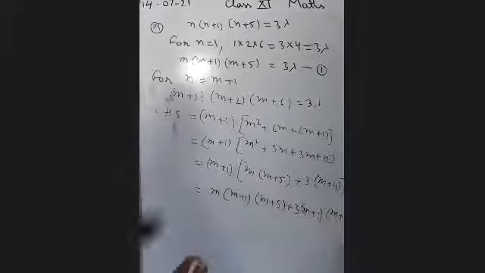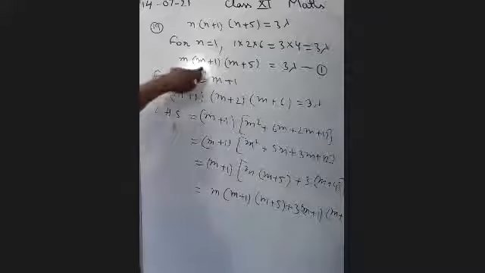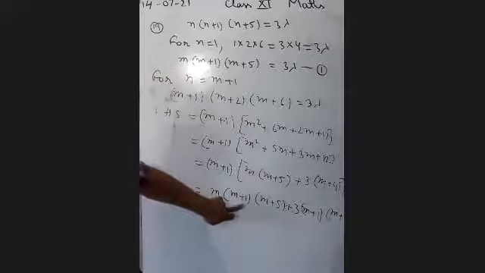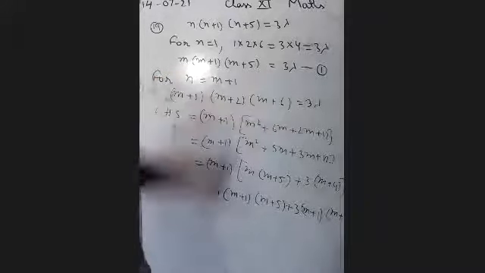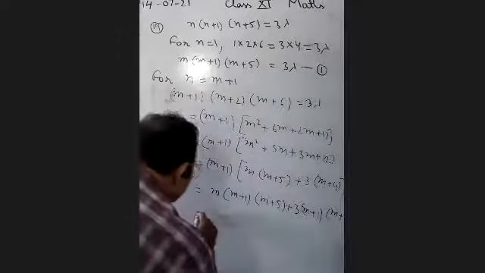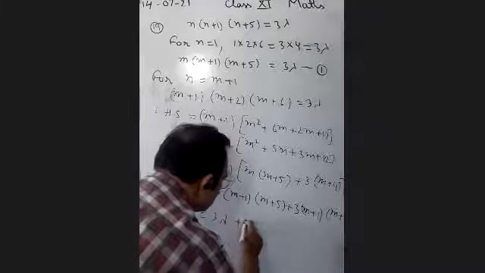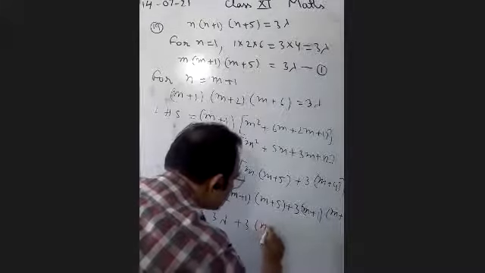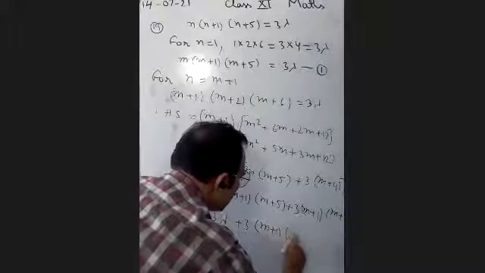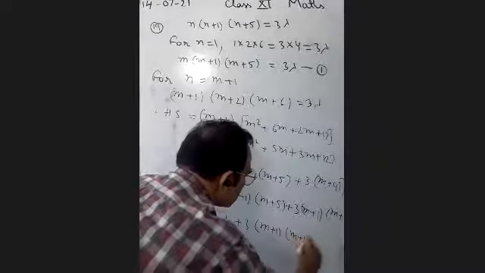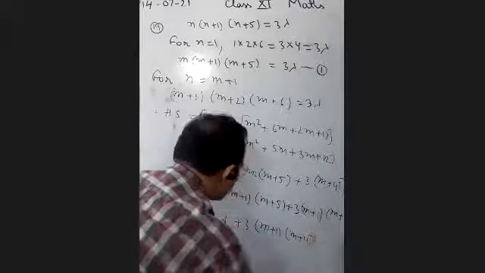ठीक है. Now we can use this relation from equation 1: m(m + 1)(m + 5) equal to 3 lambda. If I put here 3 lambda, so it must be equal to 3 lambda + 3 (m + 1)(m + 4), ठीक है.